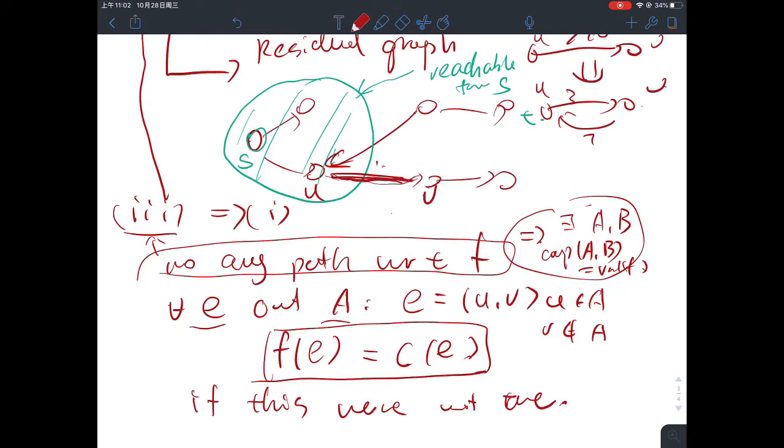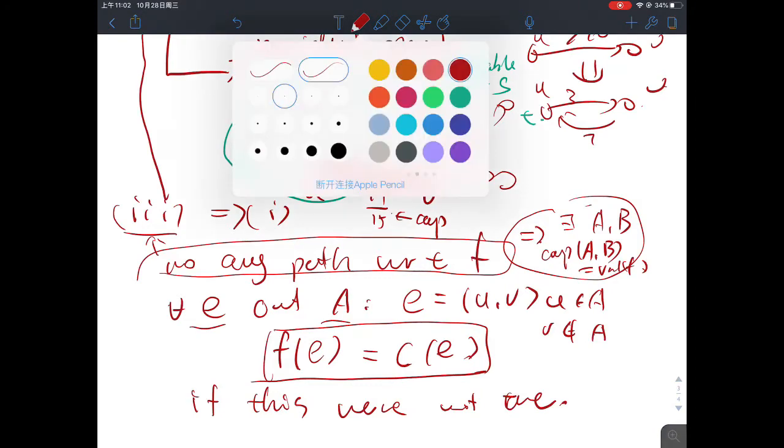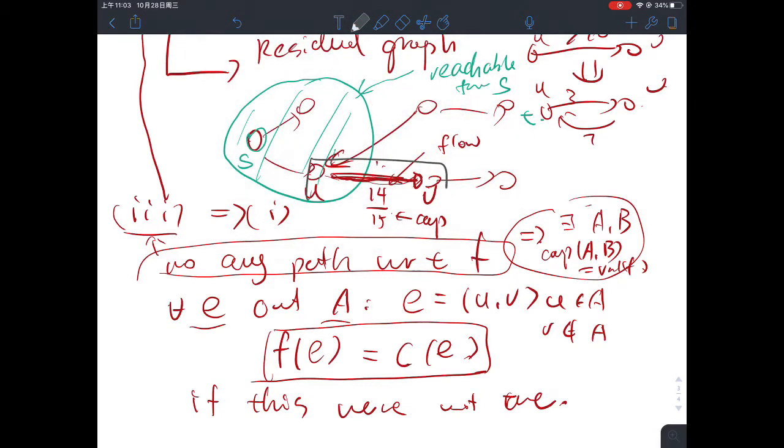How do we find the contradiction? Let's assume there's an edge over here, and let's say we utilize 14 out of the 15 capacity. This is the capacity, this is the current flow. In case this were correct, let me pull out this particular region of the graph, and let's look at what the residual graph is going to look like.